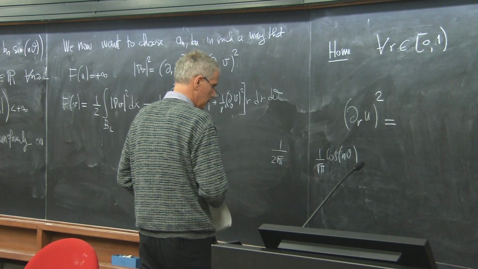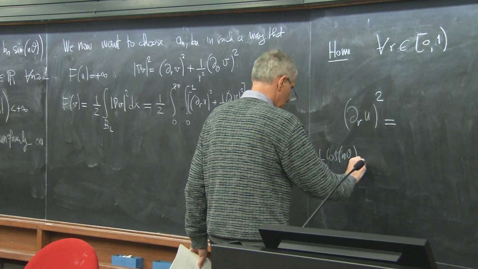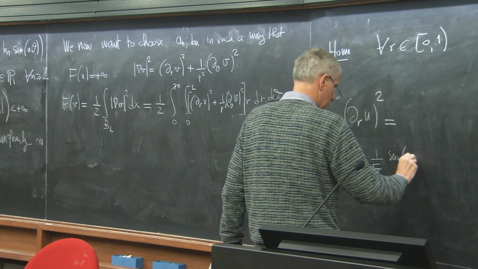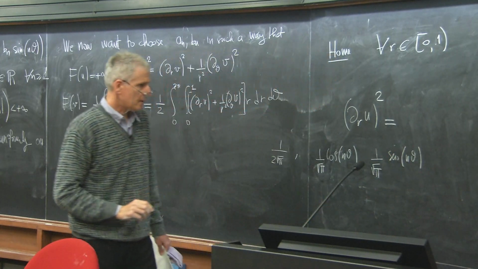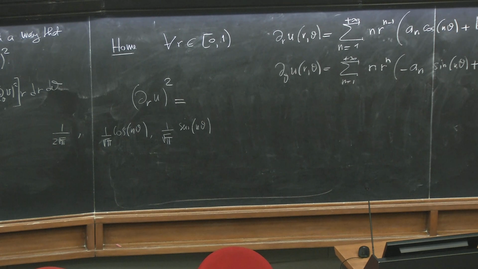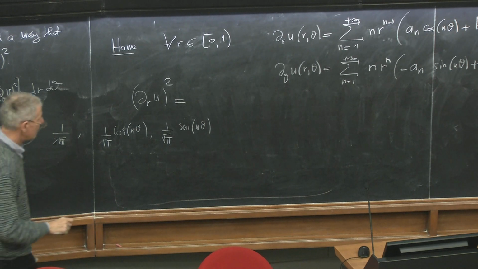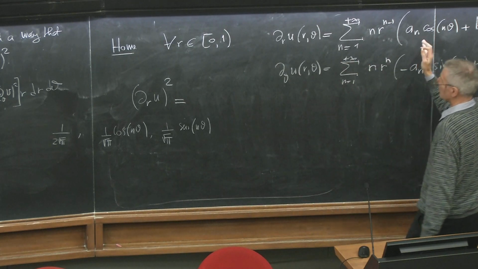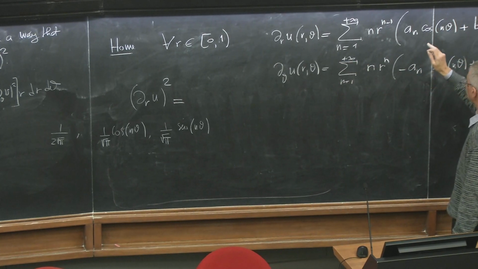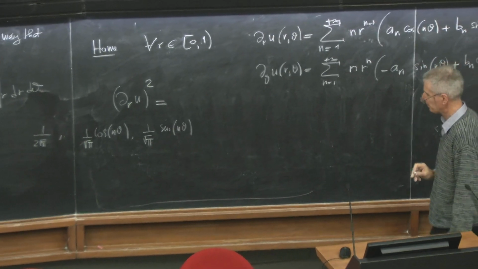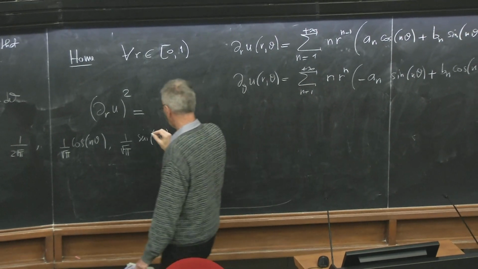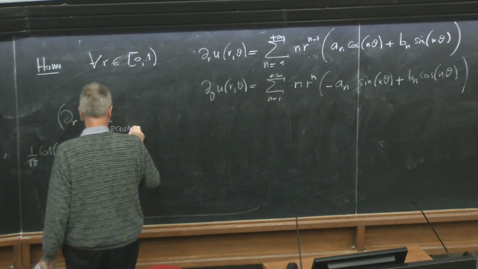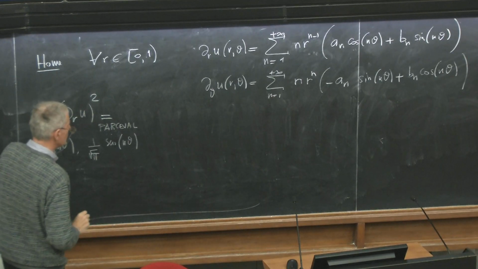Orthonormal basis. This is a complete orthonormal system. So we have the Parseval identity, which says that to compute the square of this object, we just need to compute the sum of the squares. So Parseval. So what do we get?